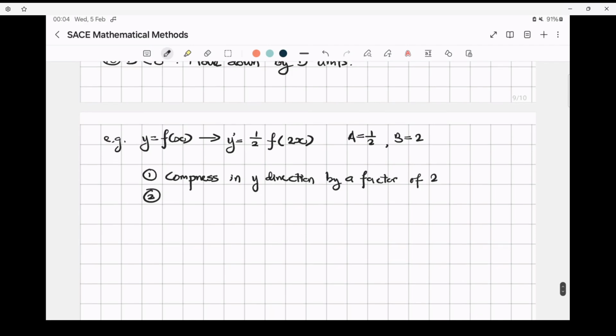So when you write down the transformation, this will be a compression in the x direction by a factor of 2.